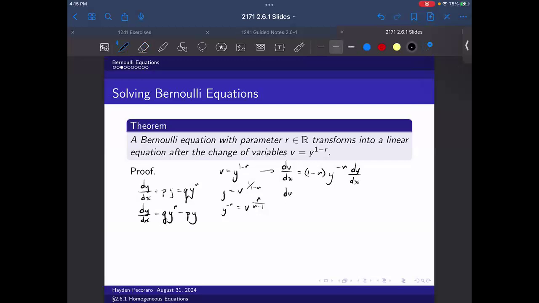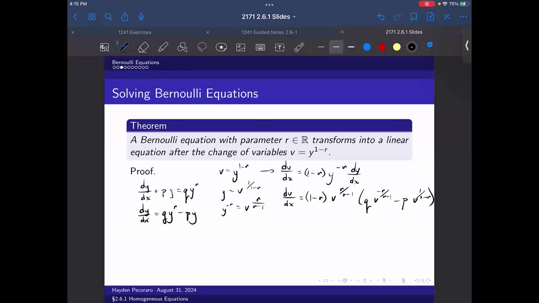Okay. dv/dx equals 1 minus r. y is v to the r over r minus 1. And then dy/dx is Q, also y to the r, so r minus r over r minus 1. And this is P times v to the 1 over 1 minus r.